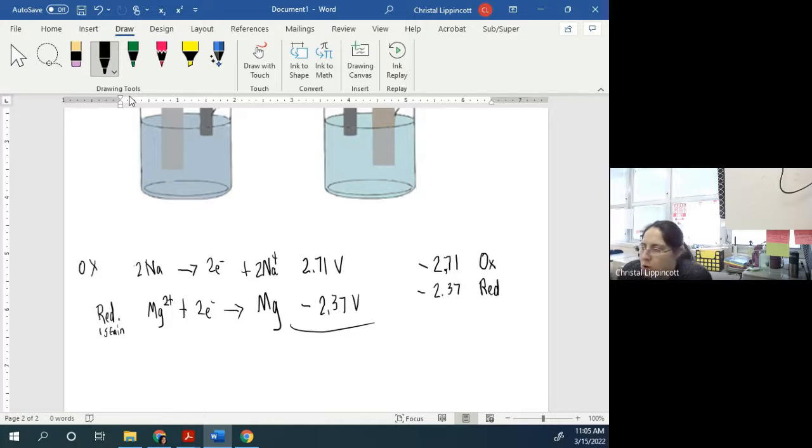And if you want to know the overall amount, then you add these values together. So when we add these together, our overall voltage is going to be 0.34. So that's a voltage, 0.34. Yep.